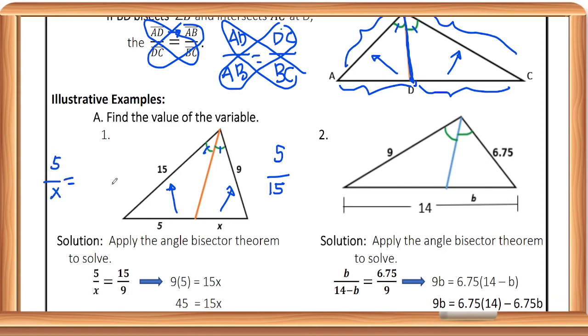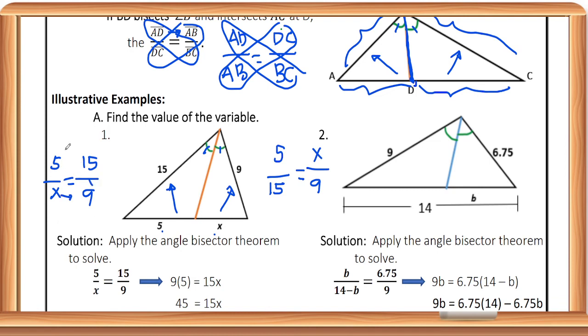Tignan lang natin ha. So 5 over 15 is equal to, since nagsimula ka dito, dito ka naman, x over 9. Corresponding parts niya is 9. So kung ito naman, 5 over this, ang corresponding sides niya is 15 all over 9. Corresponding side naman ng x, this one, is 9.